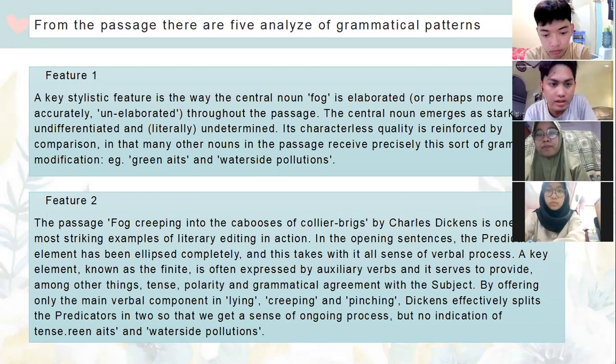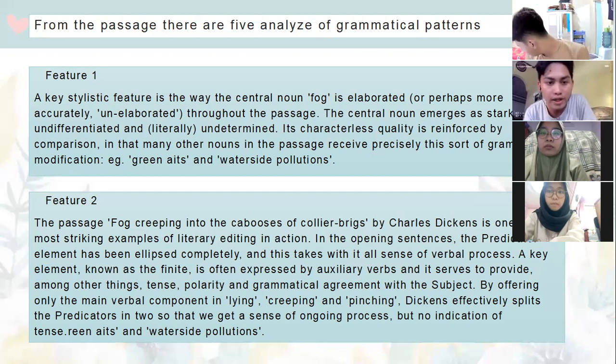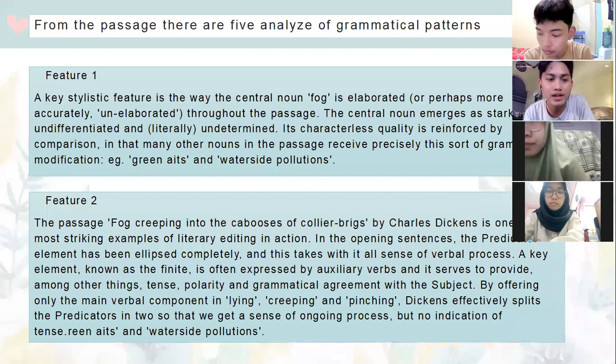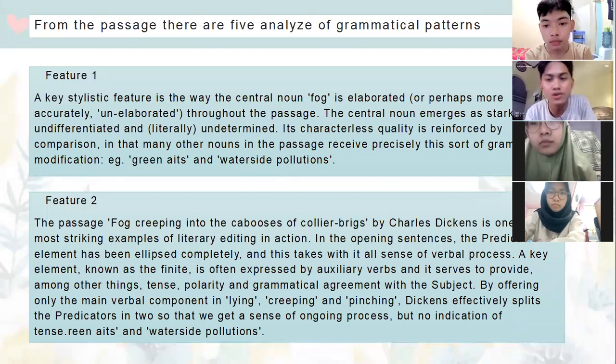A key element known as the finite is often expressed by auxiliary verbs, and it serves to provide, among other things, tense, polarity, and grammatical agreement with the subject. By offering only the main verbal component in lying, creeping, and pinching, Dickens effectively splits the predicator in two, so that we get a sense of ongoing process, but no indication of tense.